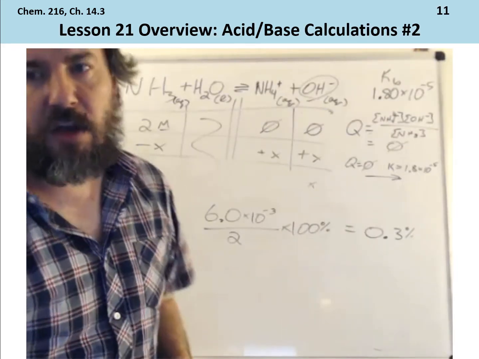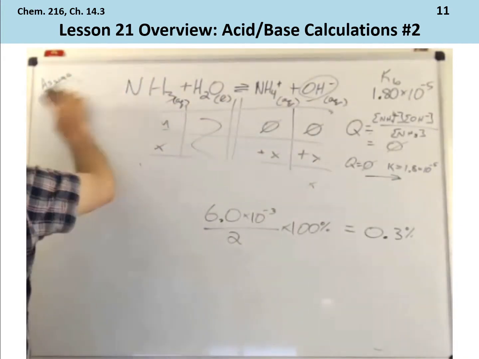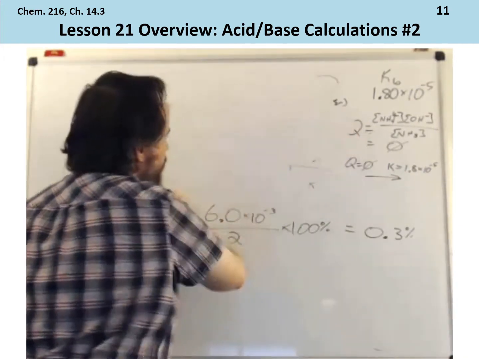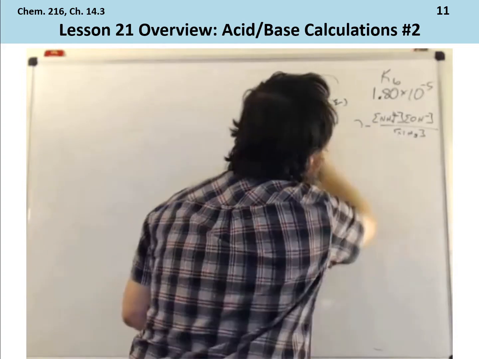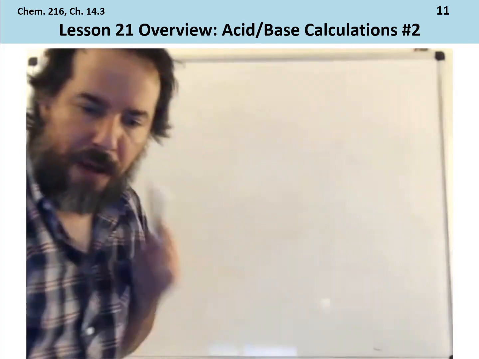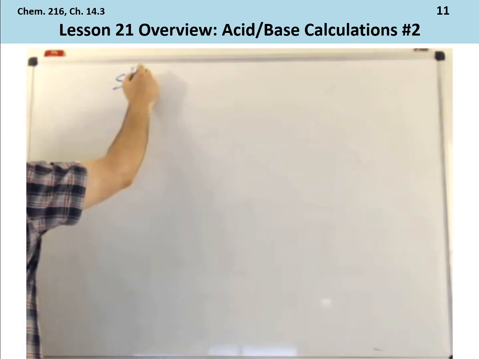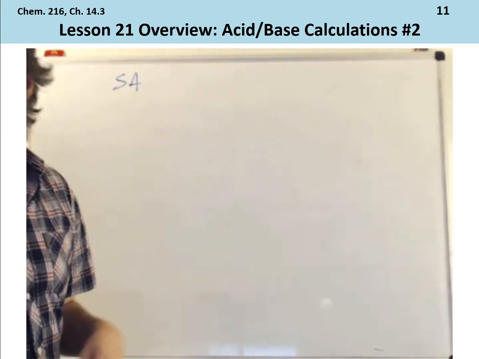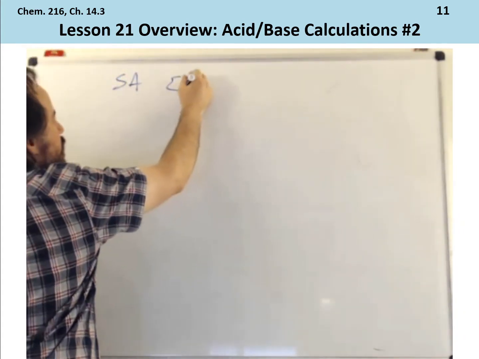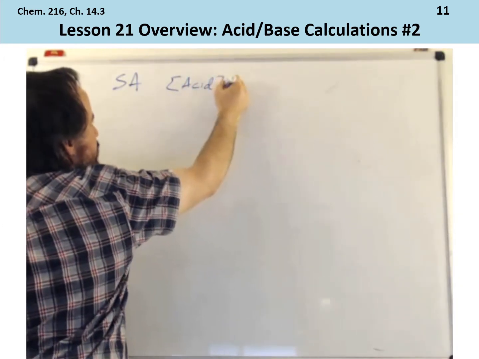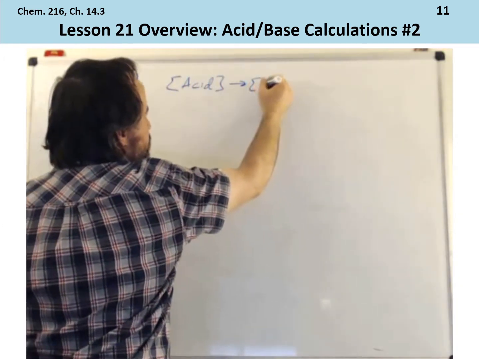All right, let's also on the board just go through some of this just to remember. Okay? So if I have a strong acid, remember what a strong acid is. A strong acid is one that fully dissociates, right? So that means all of my acid gets turned into H+.